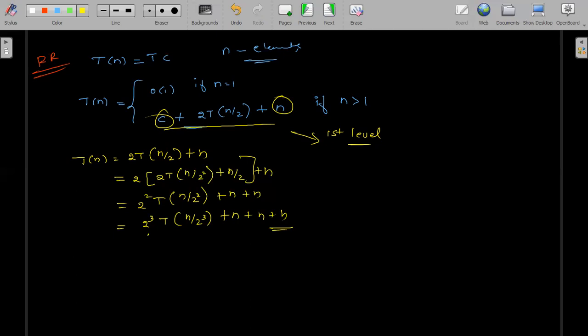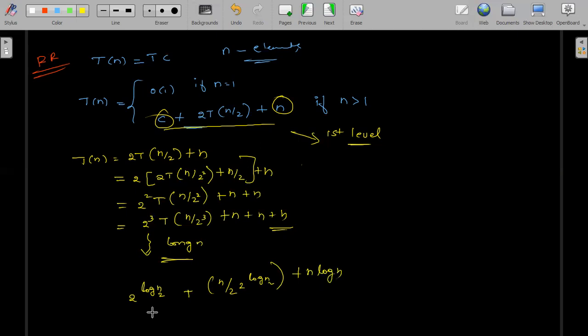Now apply this log n times. So what value will you get? 2 power log n base 2 times T(n by 2 power log n base 2), and 2 power log n base 2 will become n, I will show you that, don't worry, plus n log n.